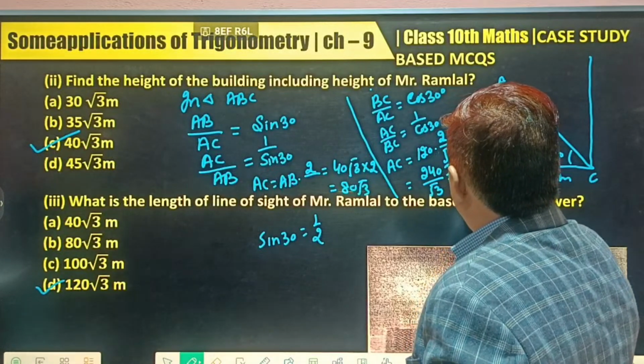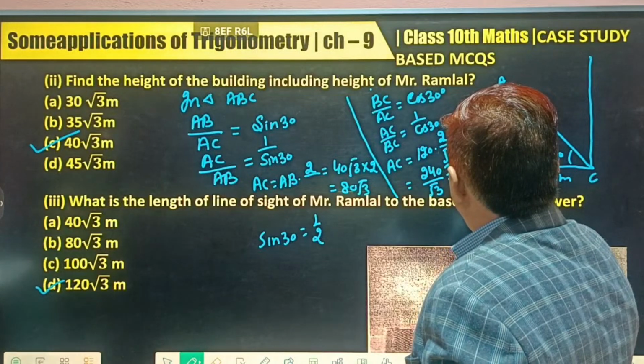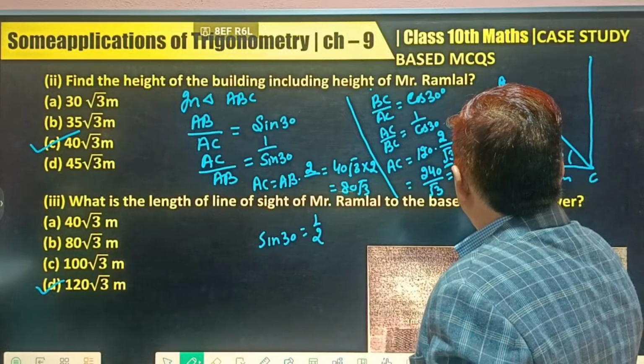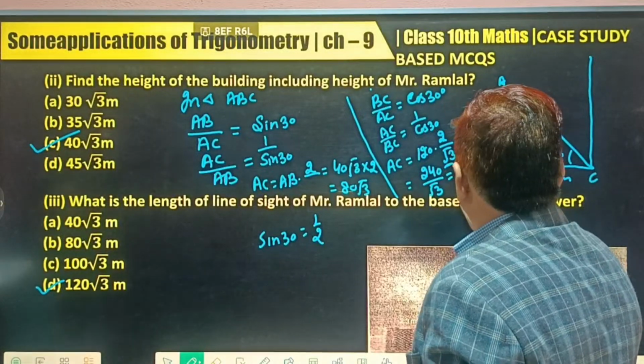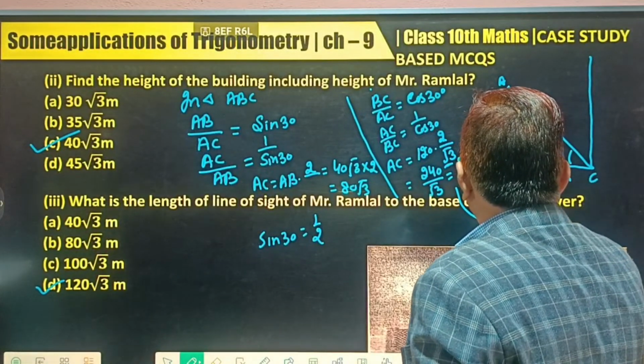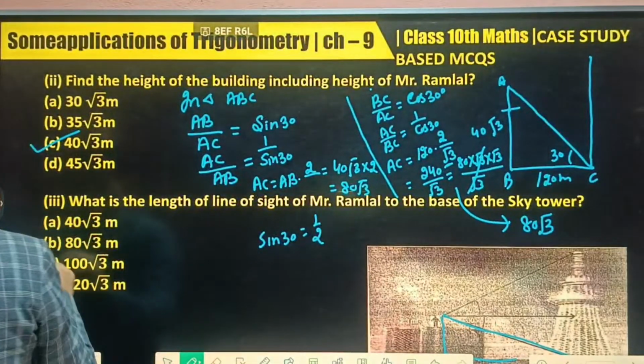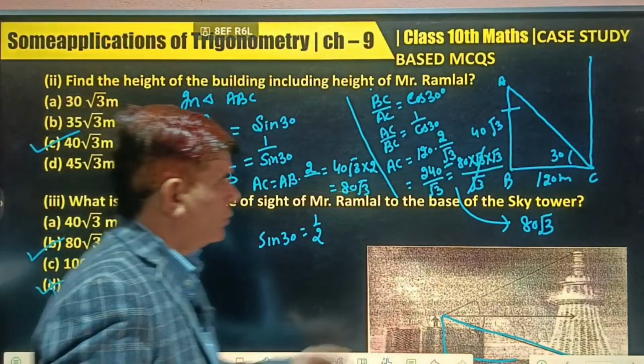And this we can write as 80 into root 3 into root 3 by root 3. So cancel out. How much? 80 root 3. So the one I told you before was wrong. This is your answer.